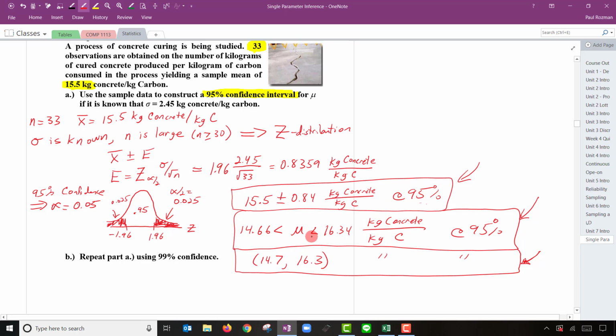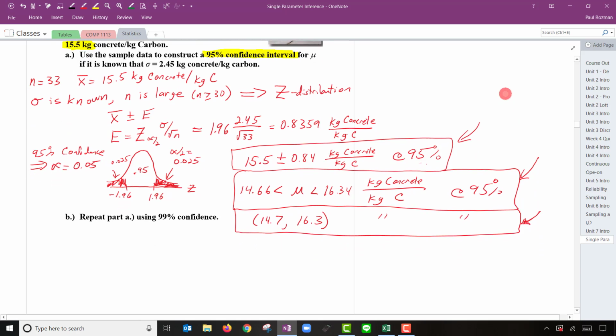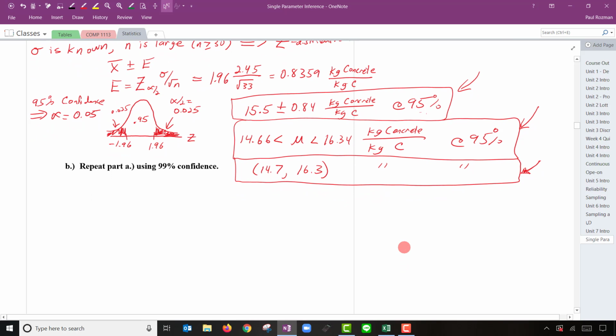Because if I got 33 other values, I'd get a different range, and I couldn't say there's a 95% chance it's in this range and a 95% chance that it's in some other range. That just wouldn't make sense. So that's a subtle little difference for why we might say it's confidence rather than just saying the word probability.